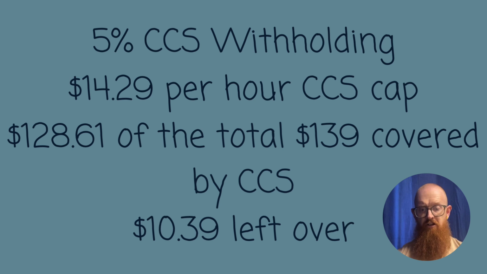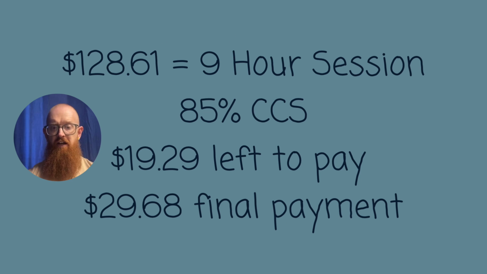Now we know some more variables. Let's move on to how it all comes together. Let's start with that $139. When we look at what CCS will cover with its CCS per hour cap, it's more like $128.61. Let's lock that in. Now 90% CCS is not the total amount. We need to take out the 5% withholding, so it's going to be 85% that we work off.